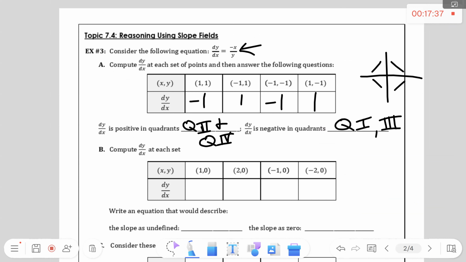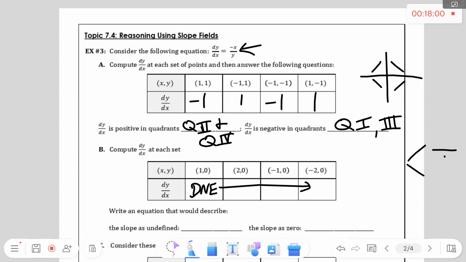Can you divide by 0? No. So all the ones with a 0 on it for the y is going to be, doesn't exist. Right. At what point does your slope not exist? You got positive slope, you got negative slope, you got 0 slope.